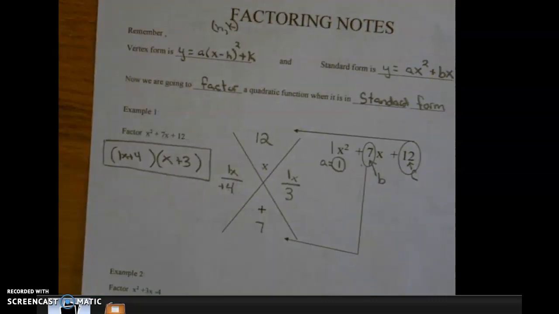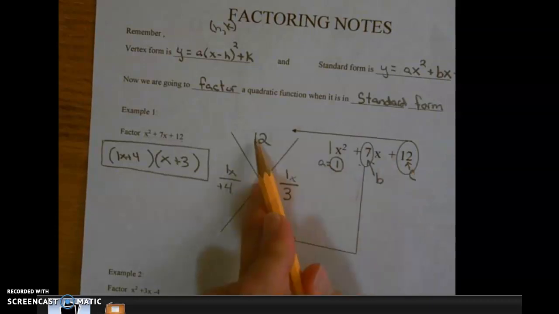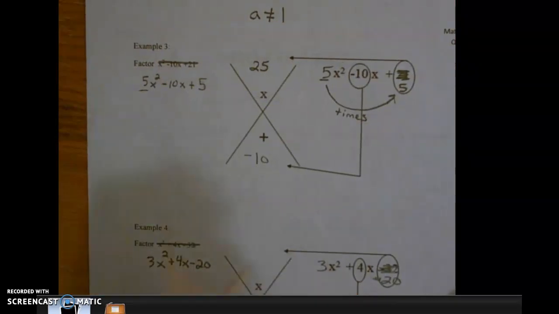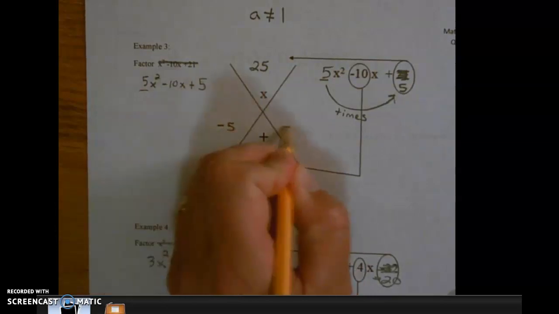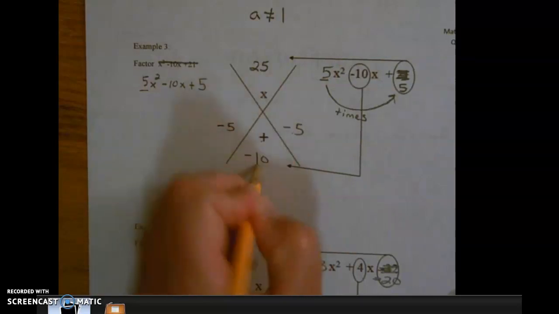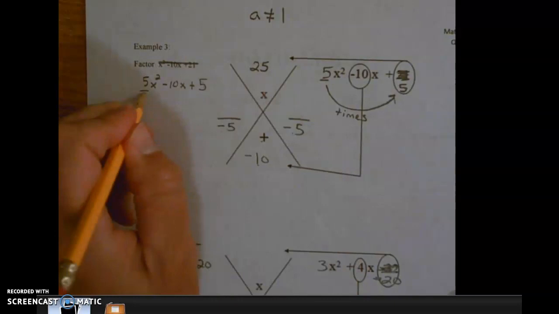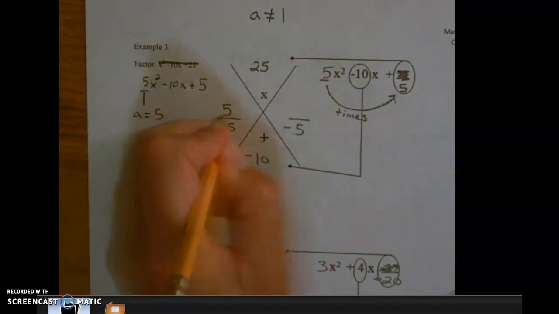Now see, back here on this page, we could have done that. 1 times 12. See, it's 12. Okay, but we didn't need to. All right, let's figure out our two numbers. So negative 5 times negative 5 is positive 25, and they add to give you negative 10. Okay, our a value is 5, so 5 goes on top.